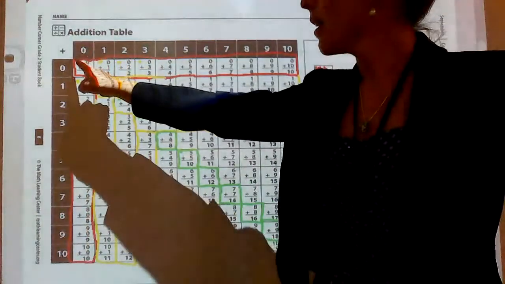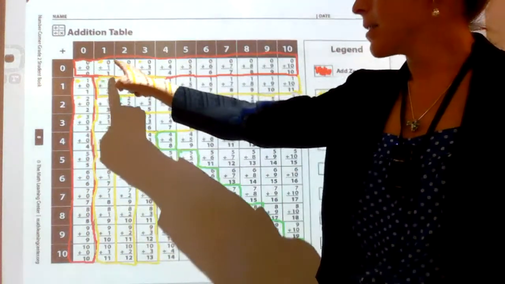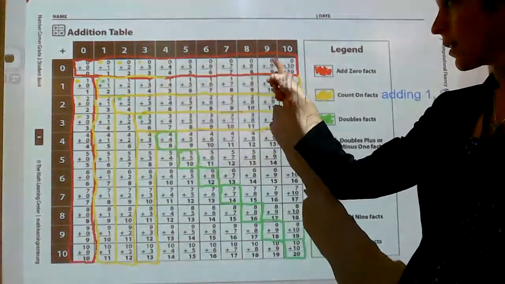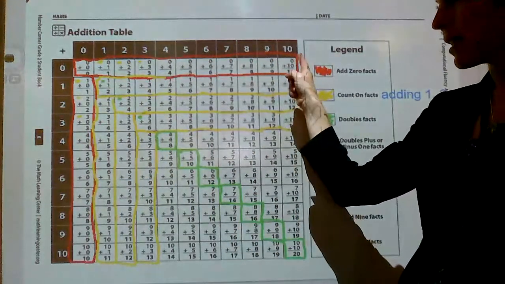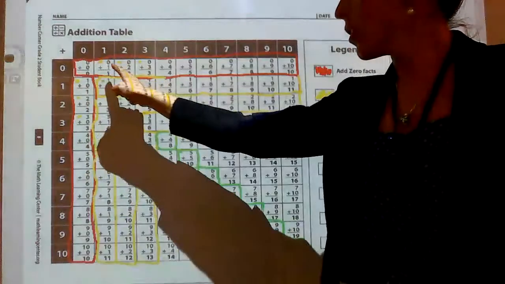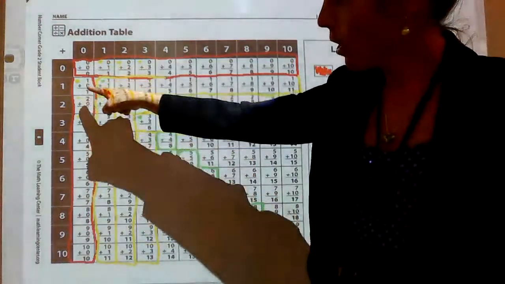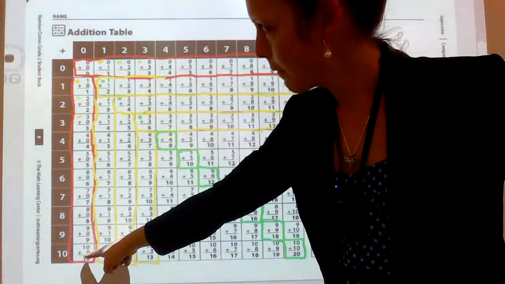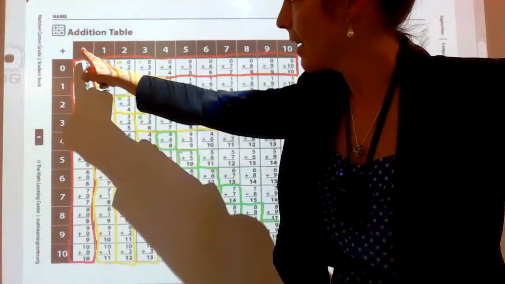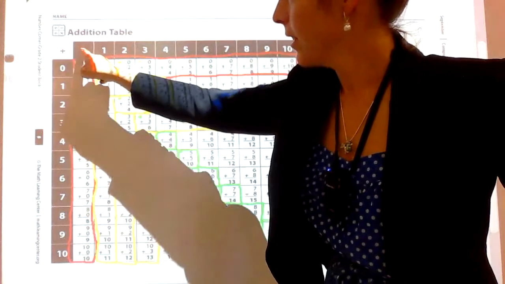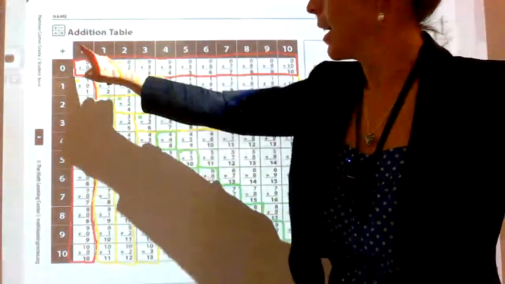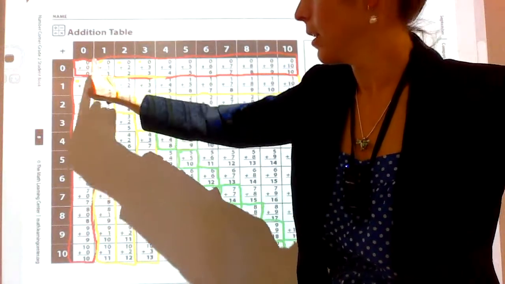So you'll see anytime you add 0 to a number, you're going to put a red box around it, which is all of these facts on the top and all of the facts in that first column going down. Add 0. Add 0 this way. Add 0. You go down.